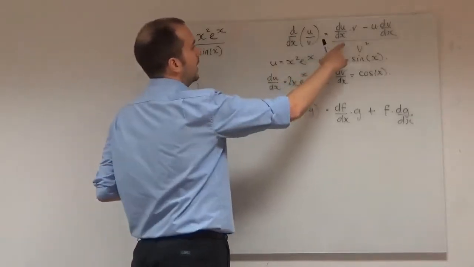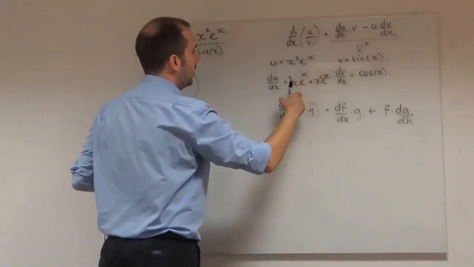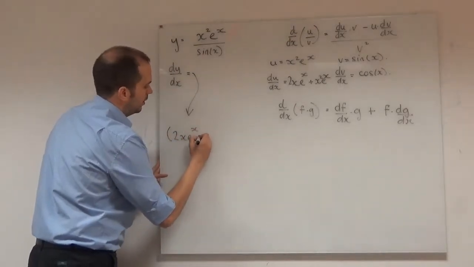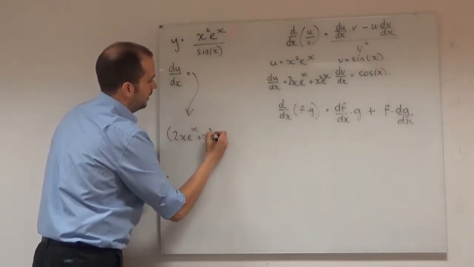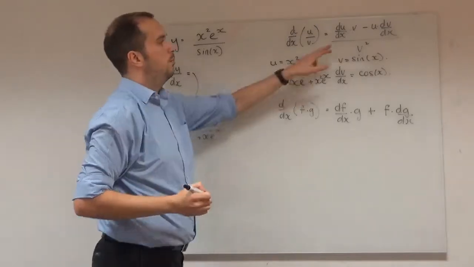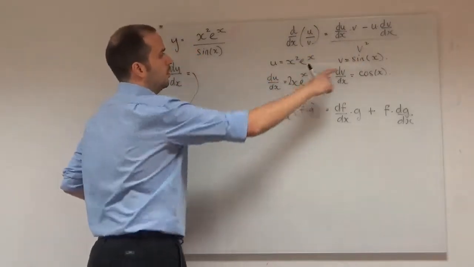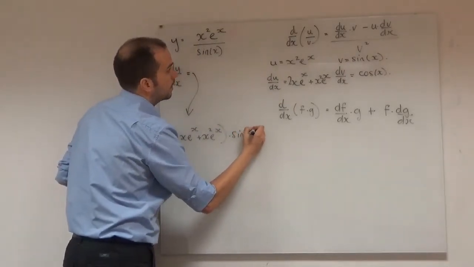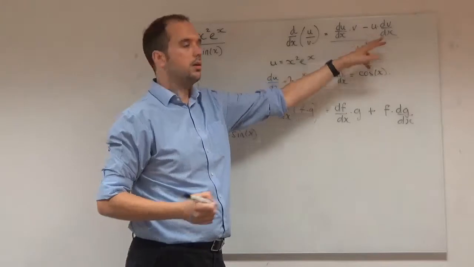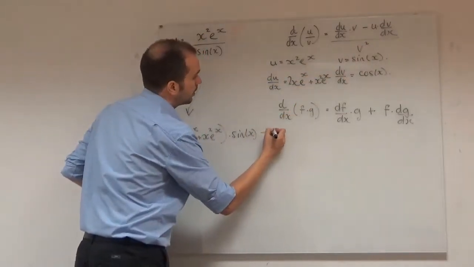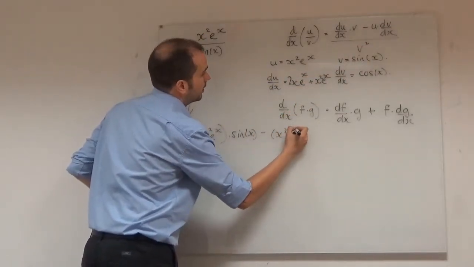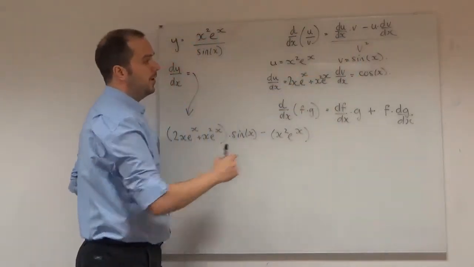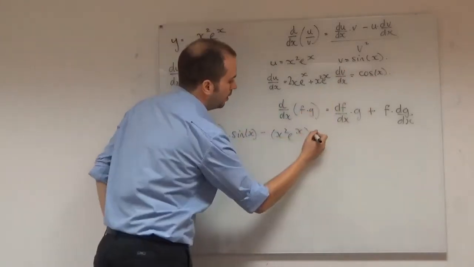So our dy by dx, what's that going to give us? It's going to be du by dx, so it's going to be 2x e to the x plus x squared e to the x multiplied by v, so multiplied by sine x, and then it's minus u, so it's going to be minus x squared e to the x, and then multiply by dv by dx, and dv by dx is cos x.